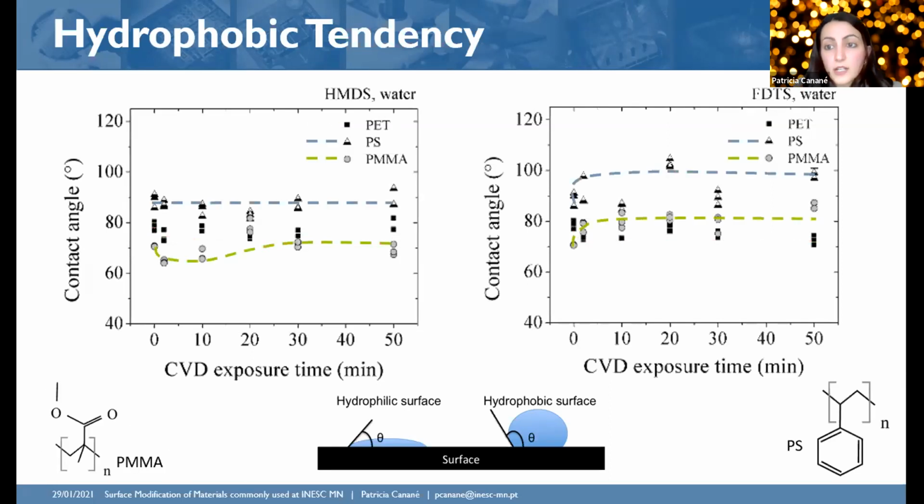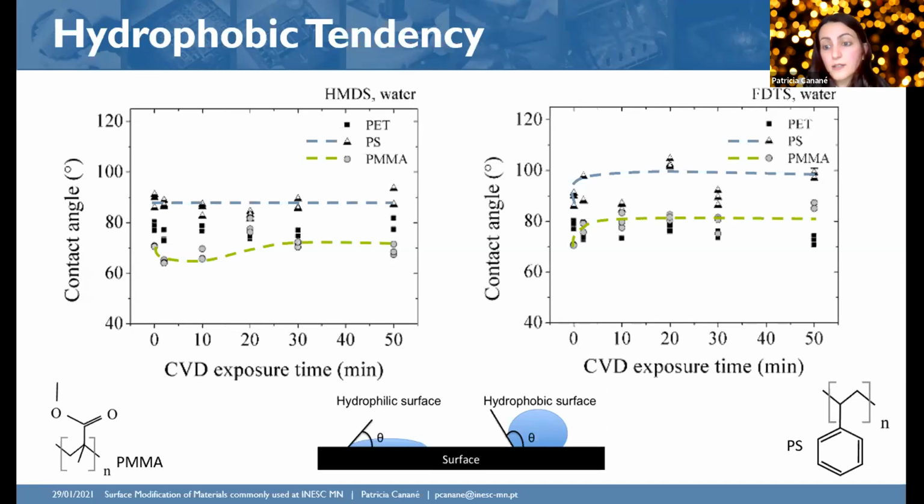As for polystyrene or PS thermoplastic, we can see that it only suffered an increase in contact angle after exposure to FTTS. And as you can see on the bottom right, PS shows a benzene ring on its surface. So it cannot react with FTTS molecules unless it suffers an intermediate activation step, like oxygen plasma.